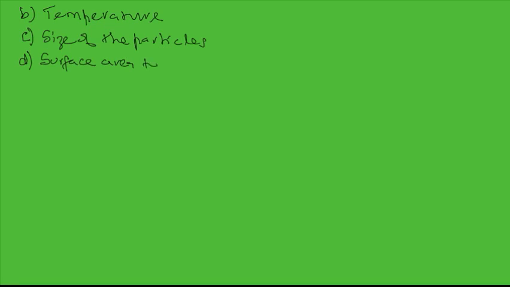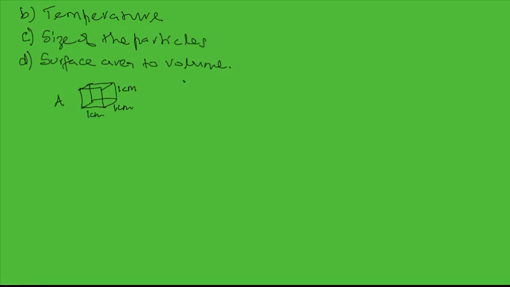Then number 4 is the surface area to volume ratio, whereby the higher the surface area to volume ratio, the greater the rate of diffusion. Now we can illustrate this relationship using two cubes of different volumes. We have cube A, of 1 by 1 by 1 centimeter dimension.